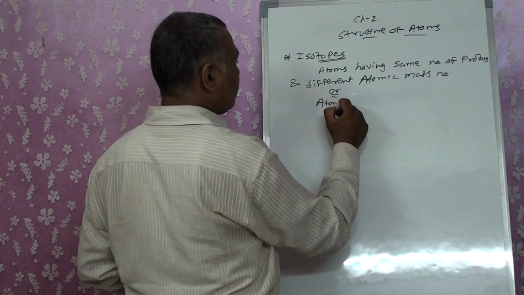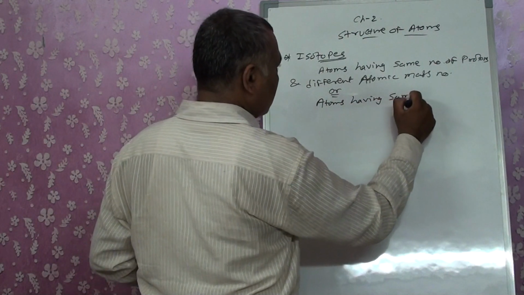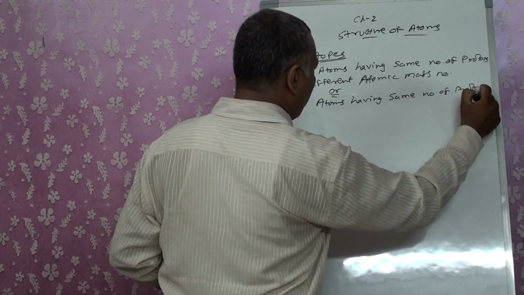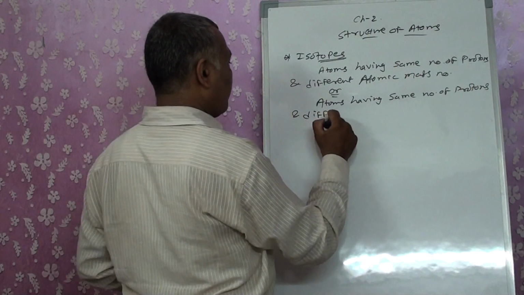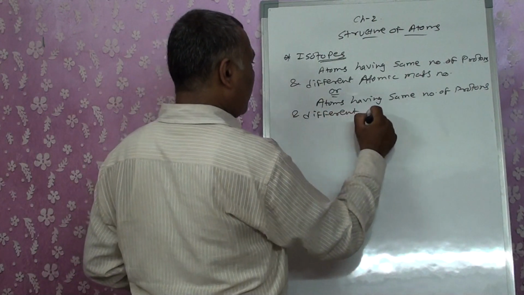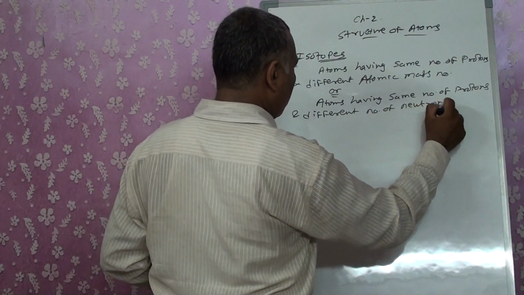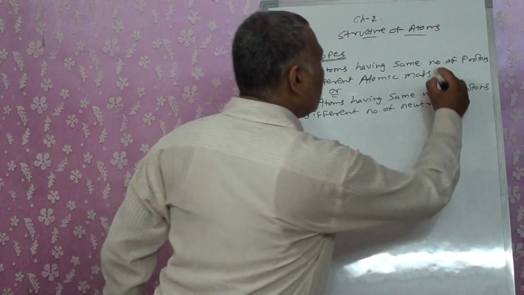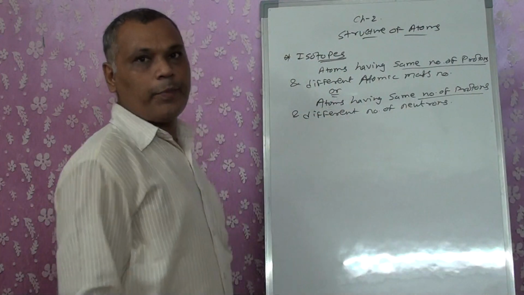Or you can also say it as atoms having the same number of protons and different number of neutrons. That means the word iso is here specifically for the number of protons.